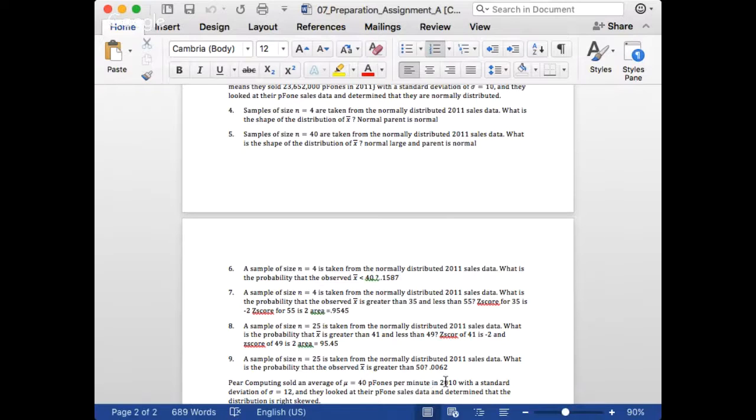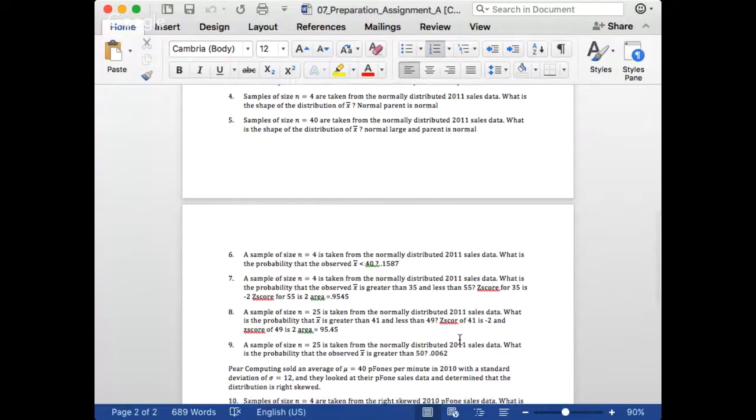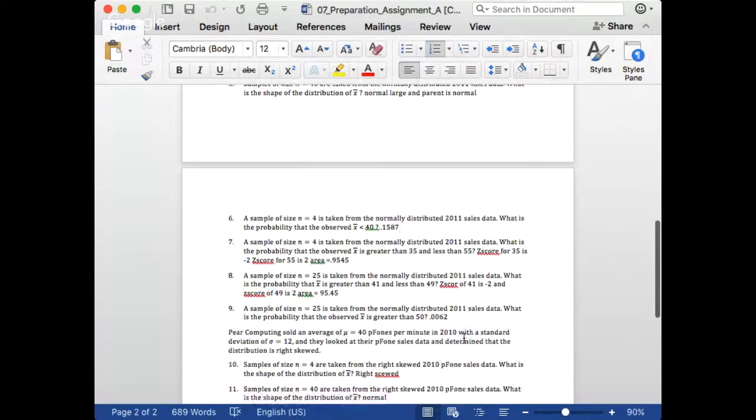And then you take the area greater than that. Makes sense. So I got 0.0062. Anyone else get that? Sounds good. Yep, that's what I just got.